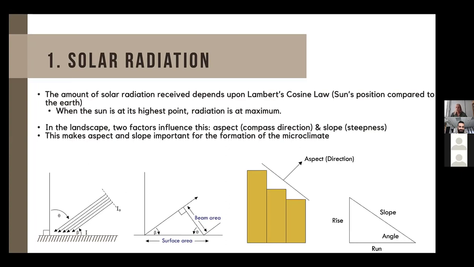So first is the aspect, so that's the compass direction, so what way you're facing on the site, and of course the slope. And as the aspect and slope determine how much solar radiation is received on a very local scale, this makes the aspect and slope also very important for the formation of the microclimate. So it's good to take these aspects into account, because later on we'll show that you can actually tweak these aspects to change your microclimate.